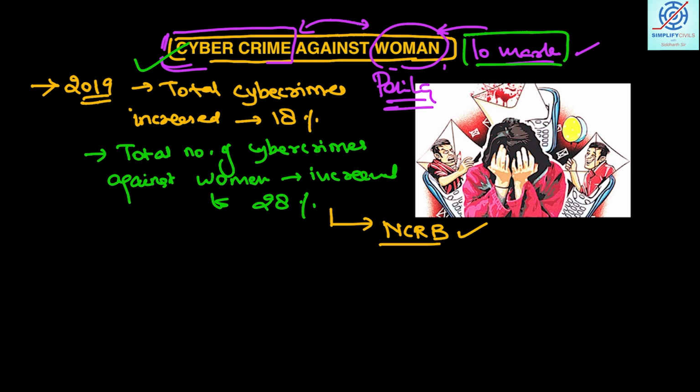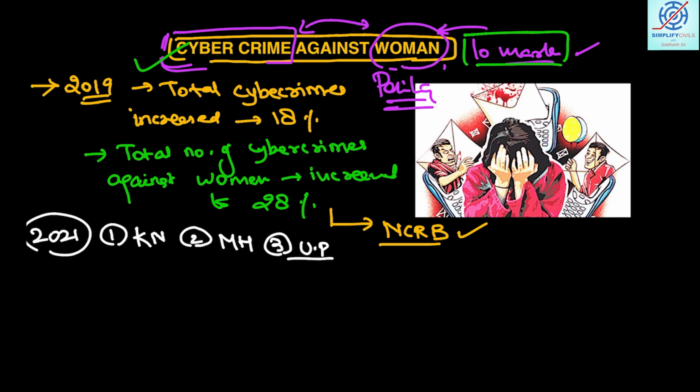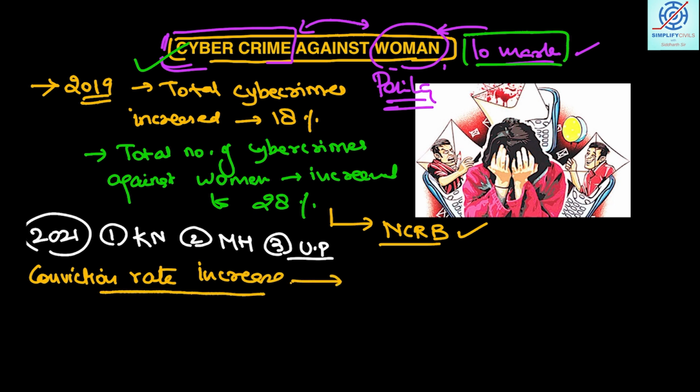You can quote this data in your examination, no problem at all. And also in 2021, it was seen that the state which records the highest number of cybercrimes against women is Karnataka. Second is Maharashtra, and third is Uttar Pradesh. When we talk about the conviction rate, it has increased in case of cyber crimes against women.